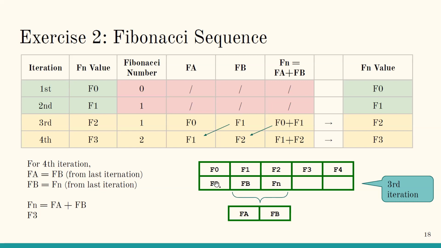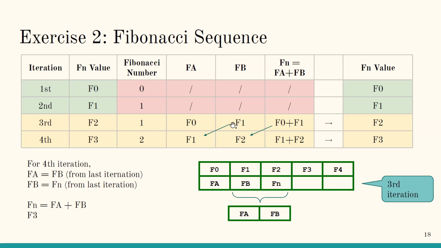Remember, this line is for your previous iteration, the third iteration, right? The bottom Fa and Fb is for your current iteration. I've shown you in here with the arrows.